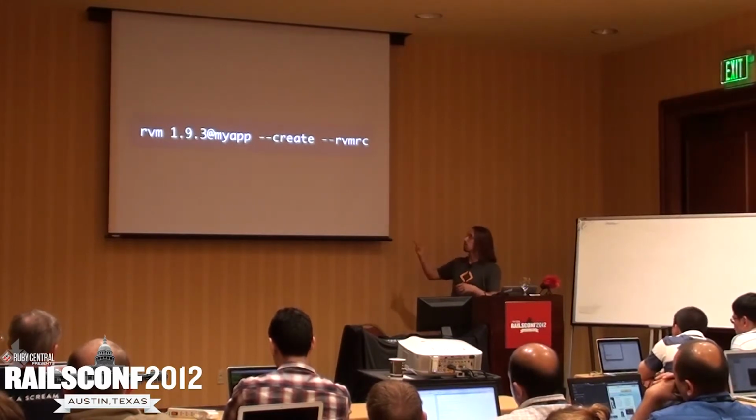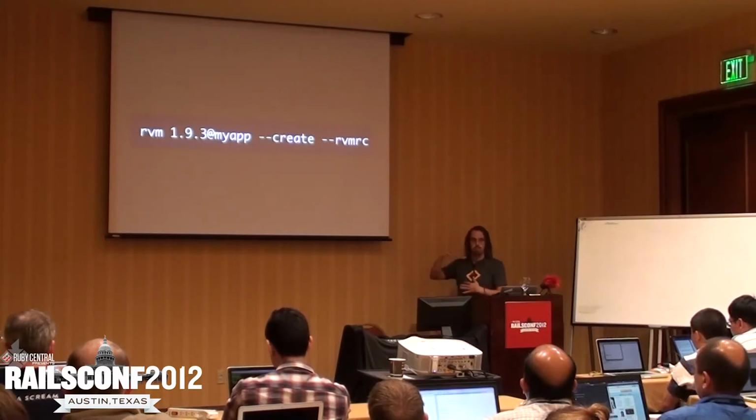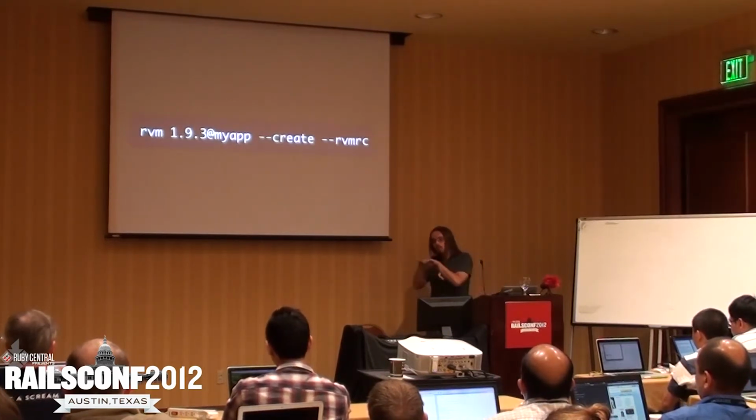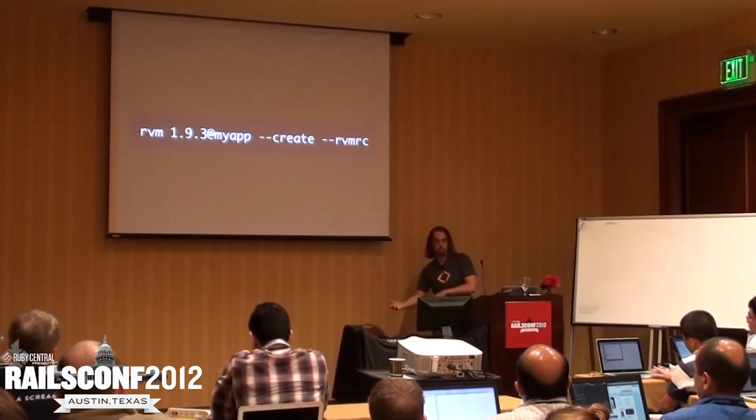Let's say it's 1.9.3. My application has a gem set. Inside of that gem set, there should be a bunch of stuff. And whenever you visit that application folder, boom, you'll be in the right Ruby version, and you'll have all the gems that you set previously, whether or not you switch back and forth with an older application or a newer application.